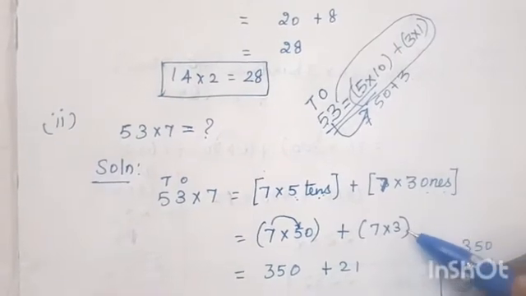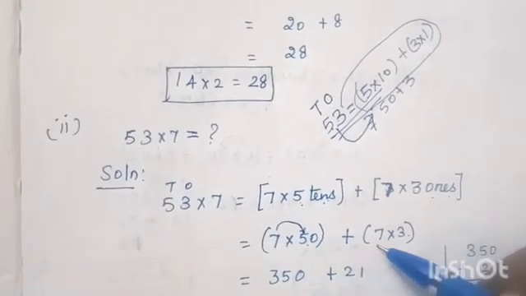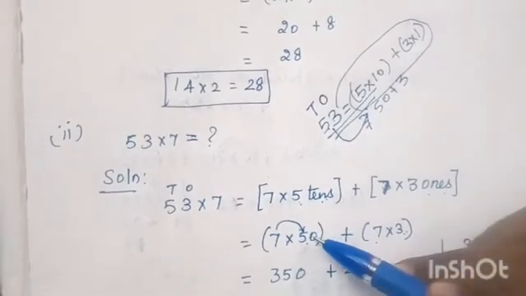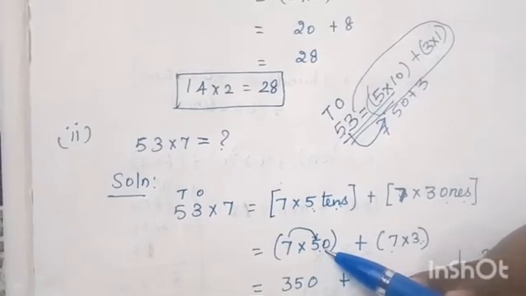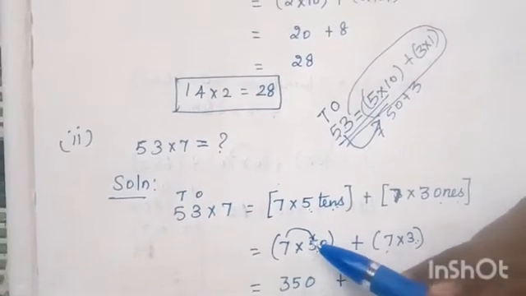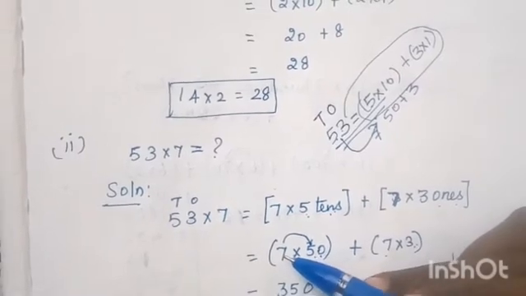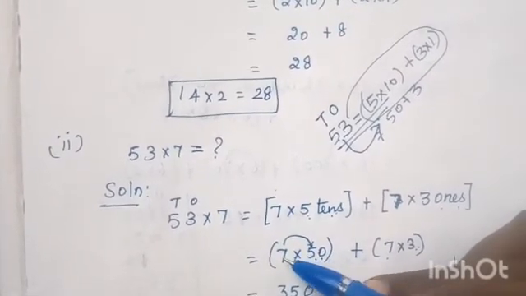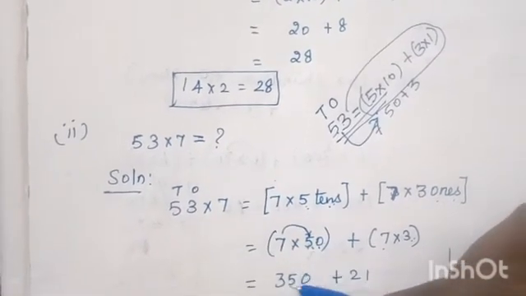3 ones means 3. So 7 into 50, and 7 into 3. Do you want to learn the 50th table? No need to learn a 50th table. You already learned the 5th table. Just multiply these two numbers. 7 5s are 35.